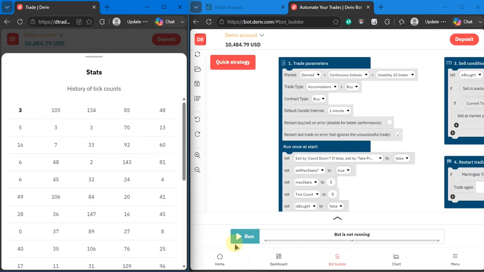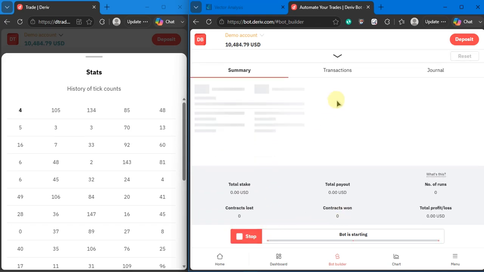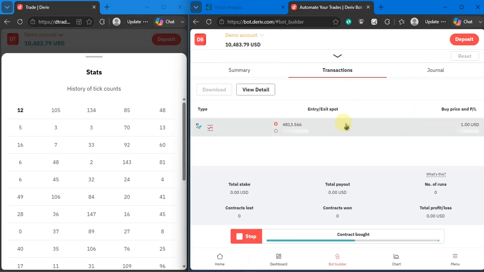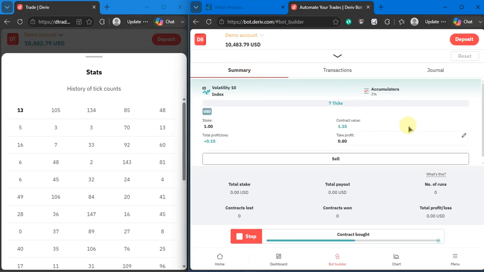It has just started again. I just run the bot, and the journal here should show you that the contract has been bought. So here you see that it bought, and here is the summary. You can see the profit that you are making. You can also sell if you don't want to wait.